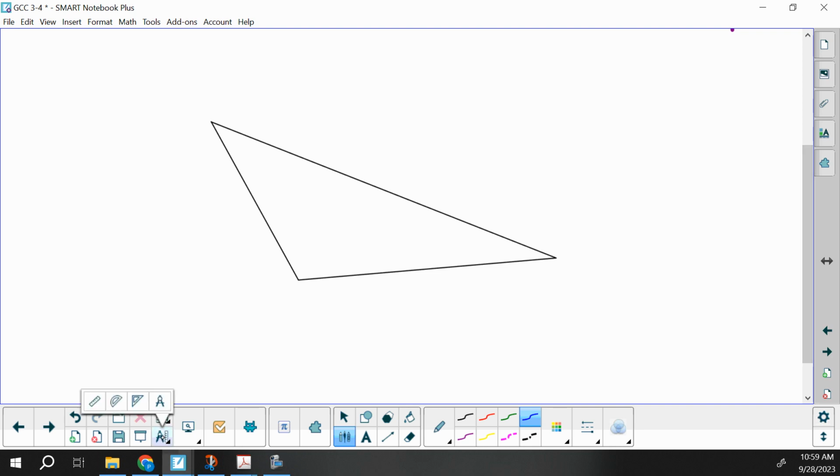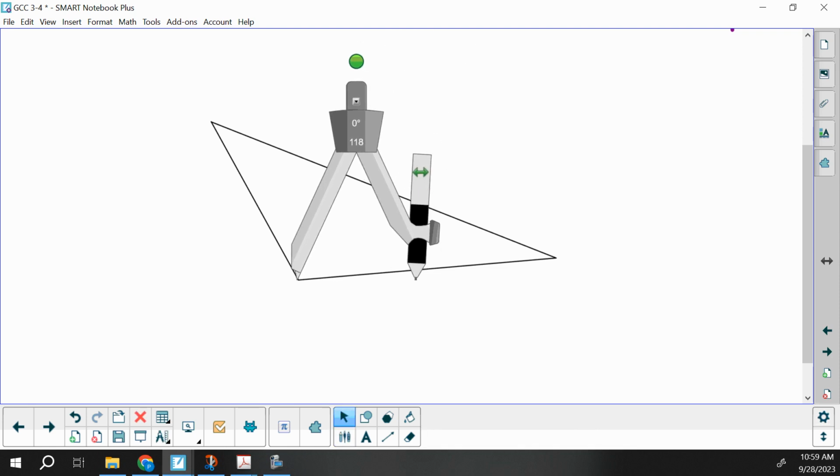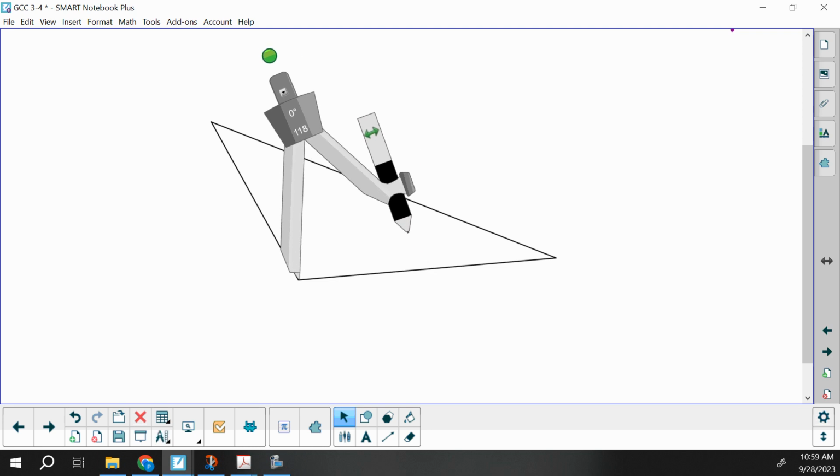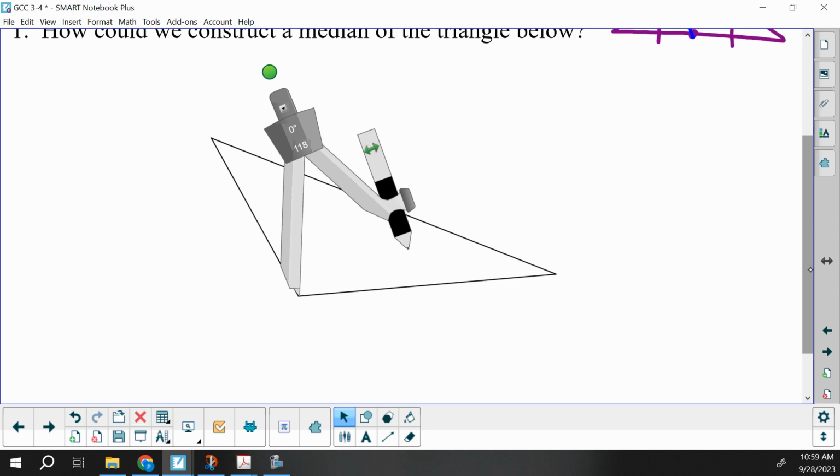The instructions here don't specify which one, so I'm just going to do this bottom one. On the homework, it will specifically tell you to do the median from a certain vertex, so whatever vertex it tells you, you need to bisect the opposite side. Here it didn't specify, so we can do any.